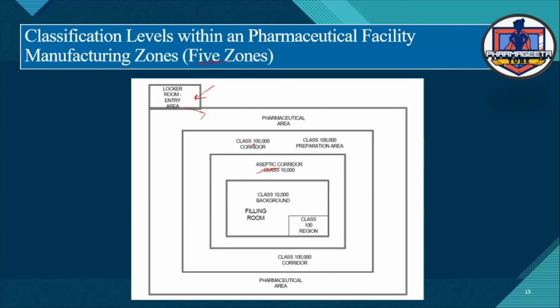Here you can especially see class 1 million, class 10,000, class 100. When we are entering the main zone where the manufacturing is carried out, after we are crossing the aseptic corridor, the number of particles in 1 cubic meter of air has decreased from 10,000 to 100. So restriction of particles, you can see the difference here.